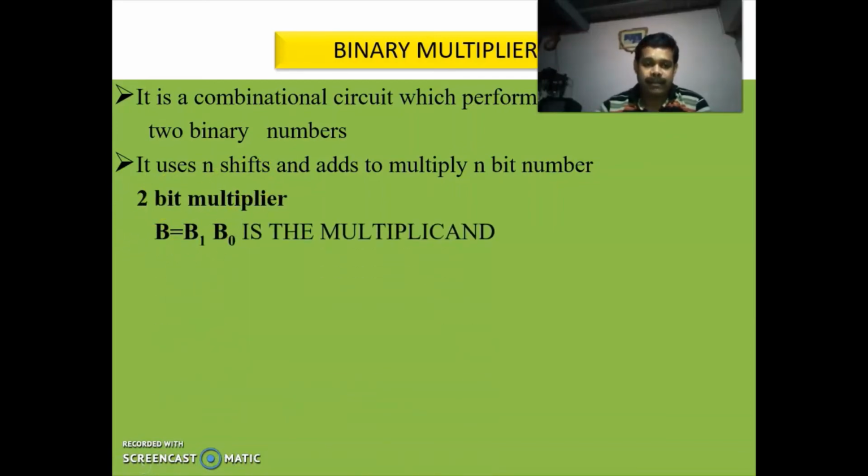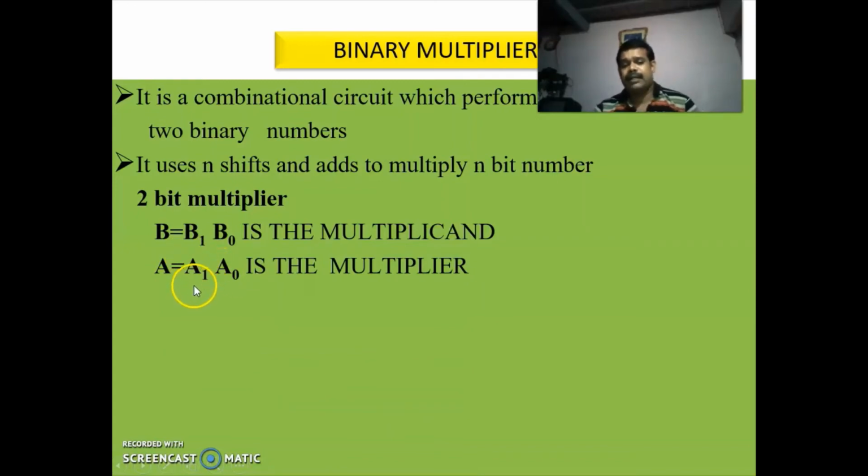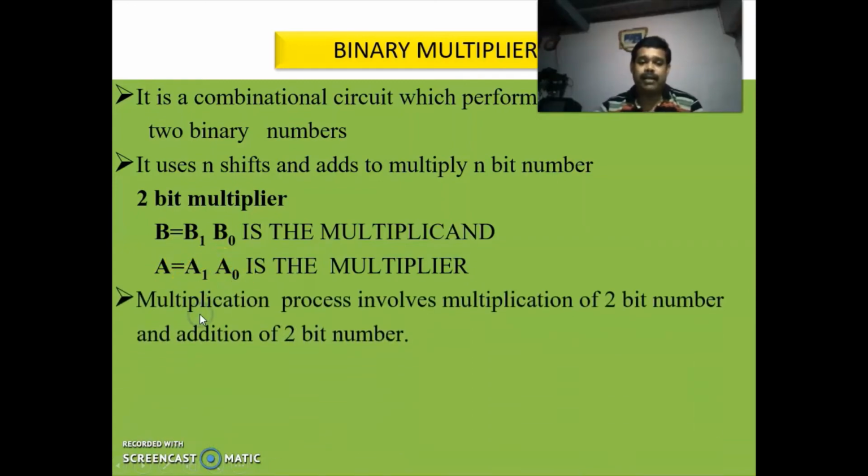Here we are taking B as the multiplicand, with bits B0 and B1. Similarly, we are taking A as the multiplier, with bits A0 and A1. The multiplication process involves shifting and adding.